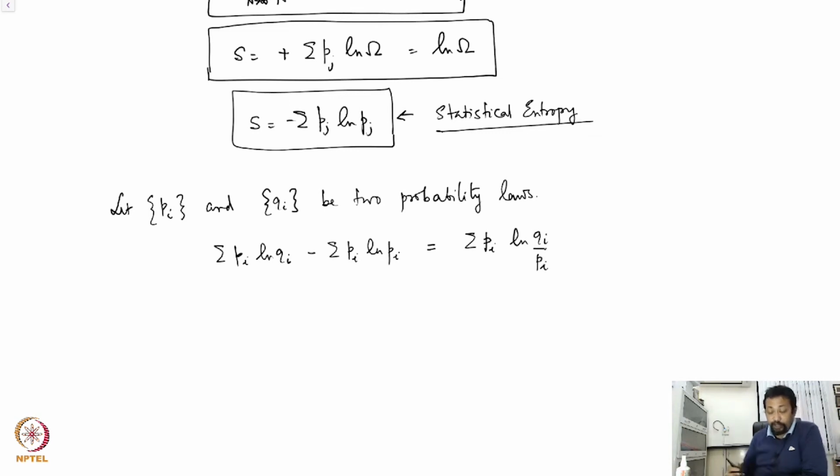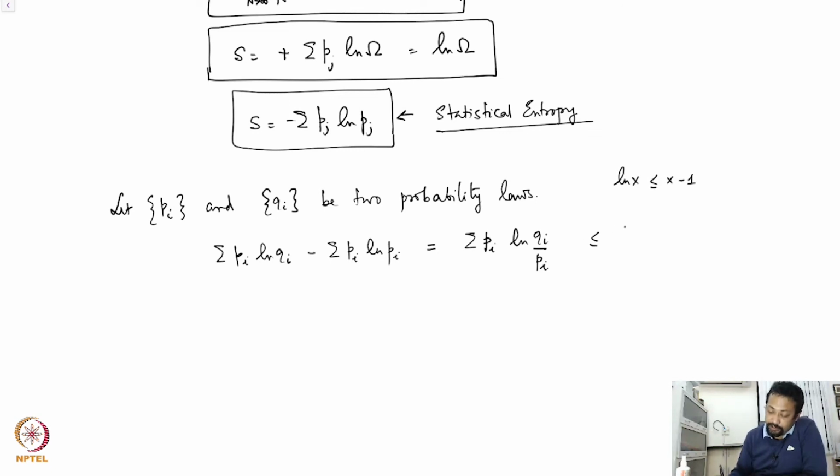You will see in a moment why I judiciously chose my left hand side; I'm motivated towards a certain thing I want to show. Now I know that ln x is less than or equal to x minus 1.